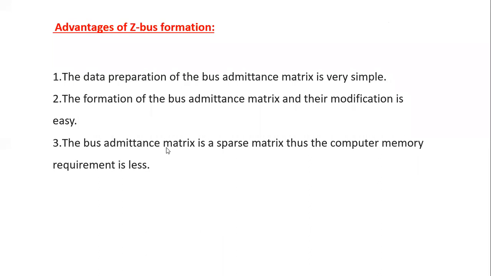The difficulties encountered with the incidence matrix and the KVL and KCL procedures are overcome by using the Z-bus building algorithm. For small networks, we solve the network using KVL and KCL. When the size of the transmission network increases, we use the incidence matrix.